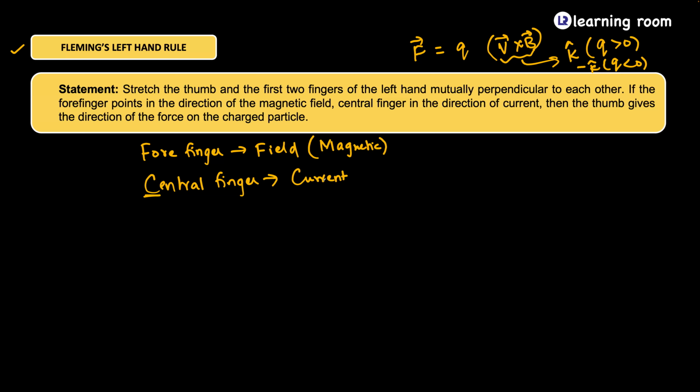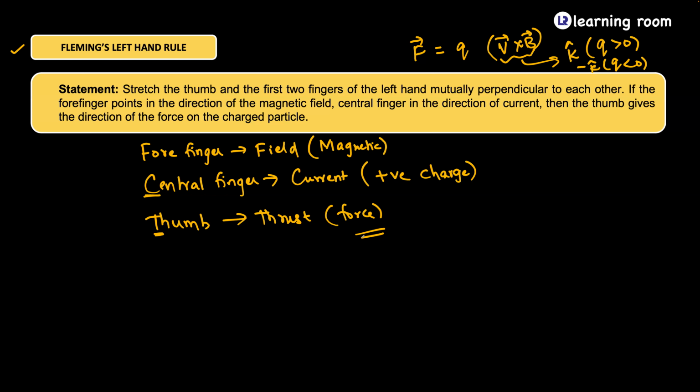So when I talk about current, current is the direction of flow of positive charge. And the thumb, it starts with T, in fact, TH. The thumb should be in the direction of thrust. Thrust means basically force.